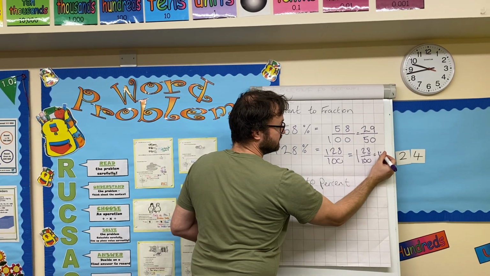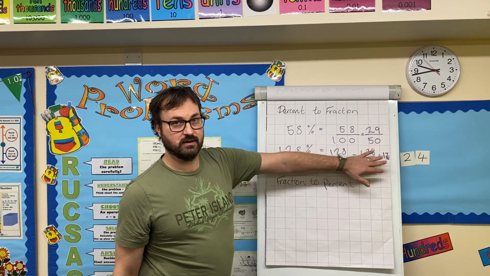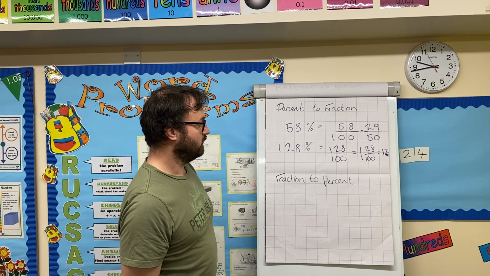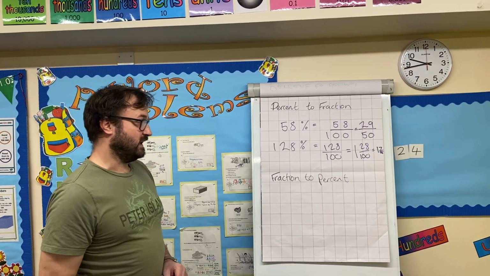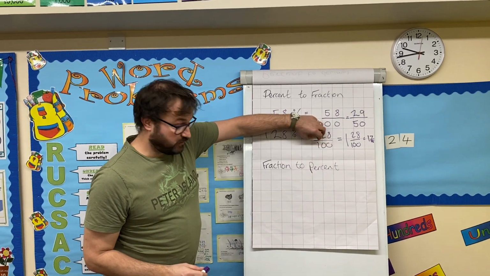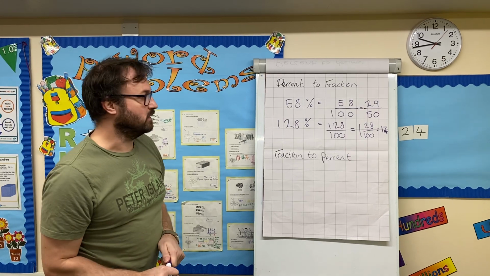So the mixed number would be 1 and 7 over 25. It's a bit small. It says 1 and 7 over 25. Okay. So if you've got more than 100%, you'd write an improper fraction first, and we've done this lots, change that into a mixed number.